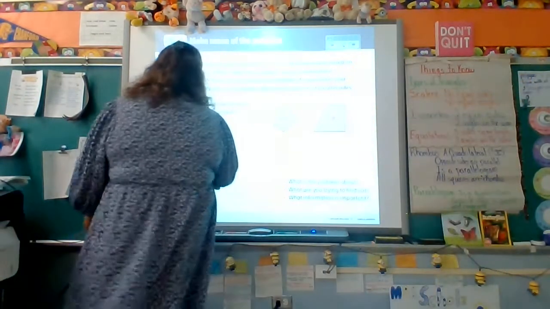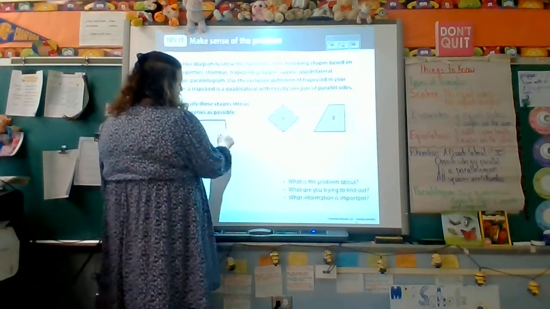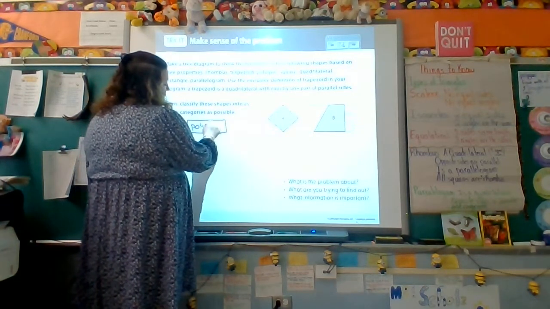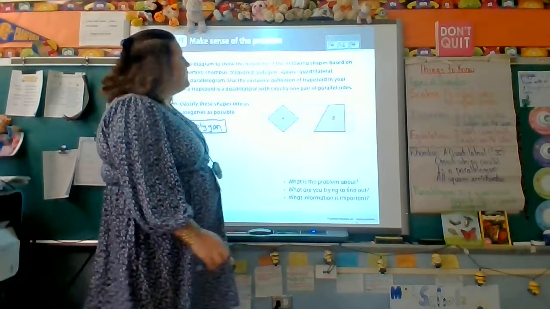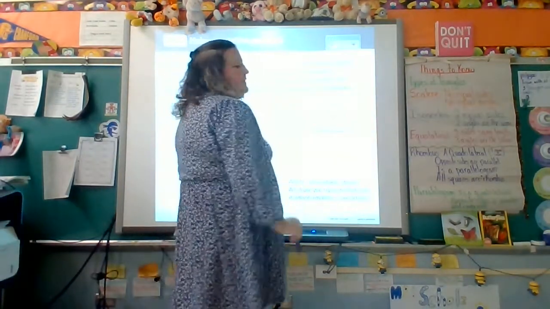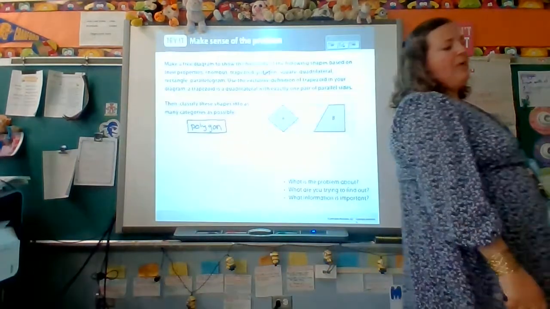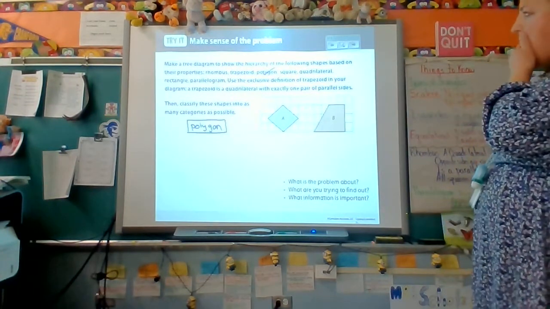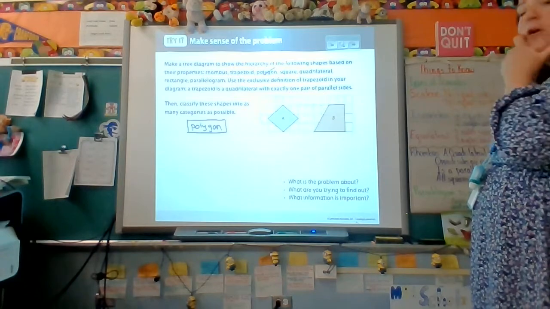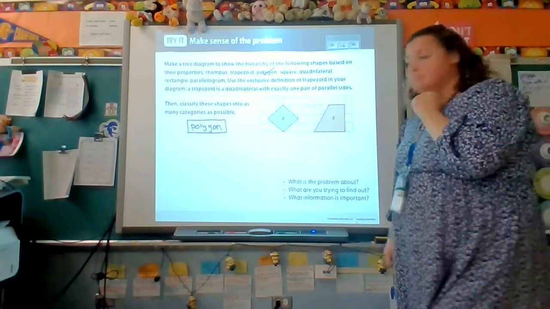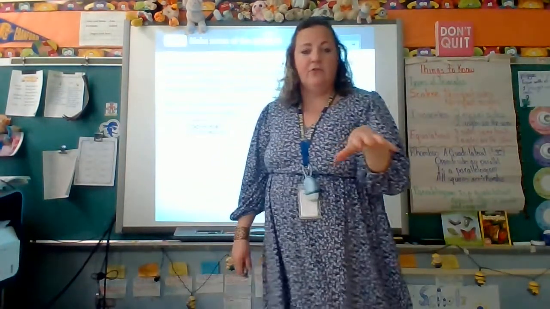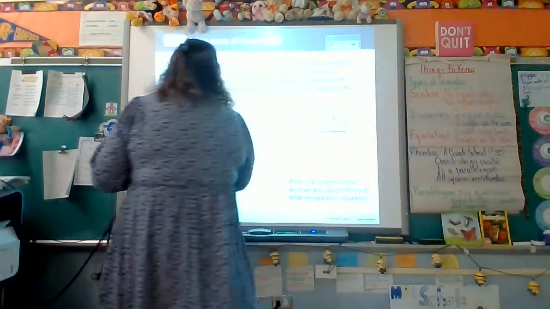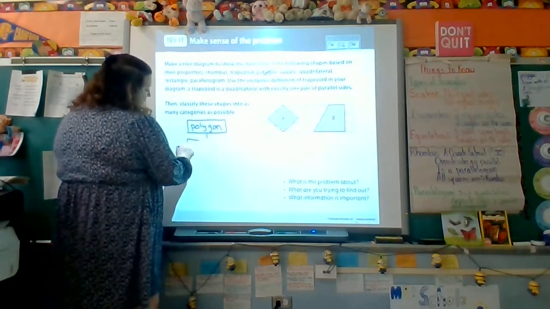So if I start with a polygon, what can I break my polygon down into? What would be another category? I already know you might be thinking in your head, I might have tried something different. Who knows? Okay, so I'm going to go quadrilateral.